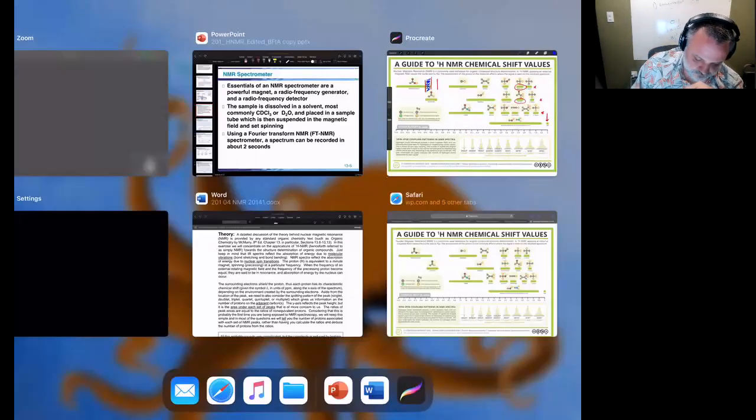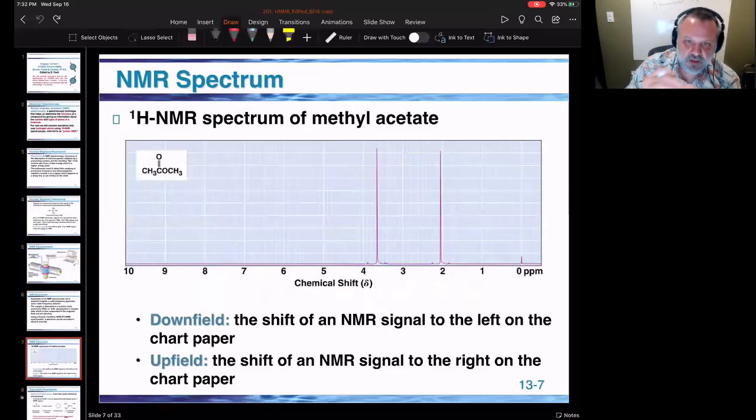Okay, so let's take a look. Let's go into where the signal is. So I'm showing you the actual structure. It's an ester. So all of the hydrogens are connected to carbons, and then those carbons are connected to other things. And so what do we have then?